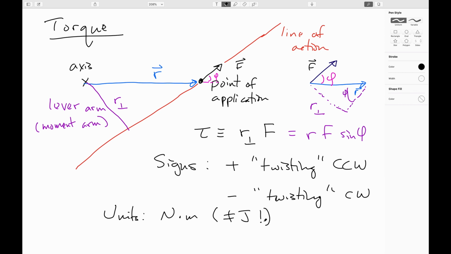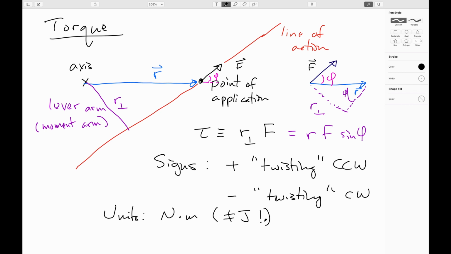I mention this because it turns out that because angle doesn't have a physical dimension, torque and energy wind up actually both having the same physical dimension. So in order to tell them apart, we write the units differently. In the SI system, we write the units of torque as Newton meters, and when we get to energy, we'll write them as joules.